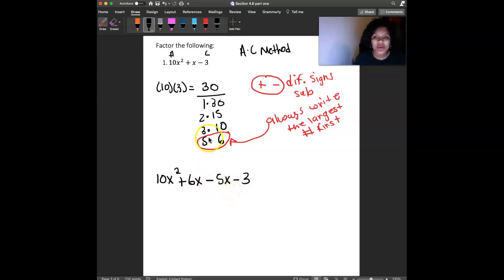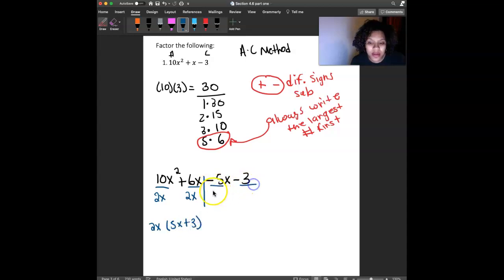All right, so now I'm simply going to break it in half and do grouping. These two have in common a 2x. So I'm left with 5x plus 3. These two have in common a negative 1.